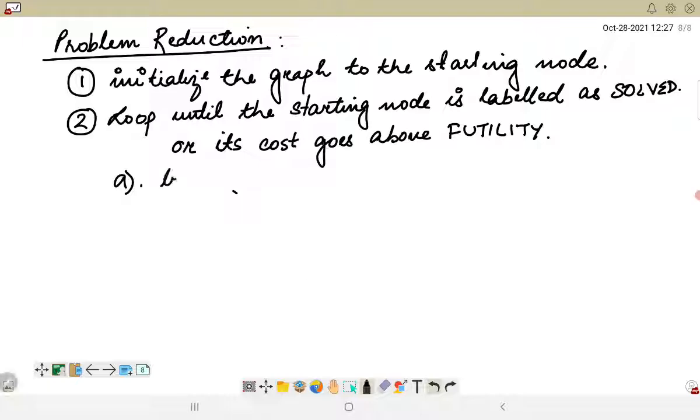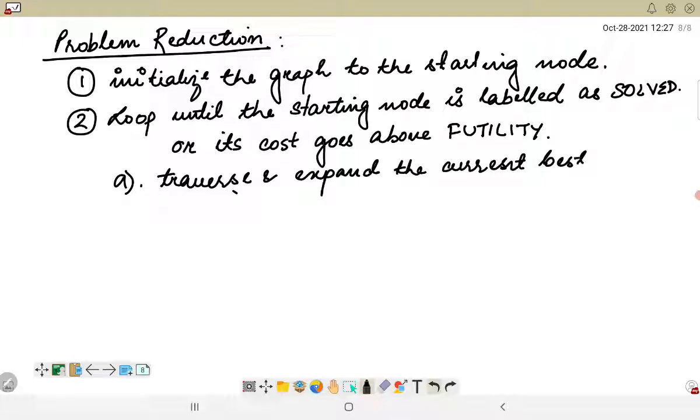So we will go on traversing and expanding the current best path, that means with the minimum successor value, and accumulate those nodes.